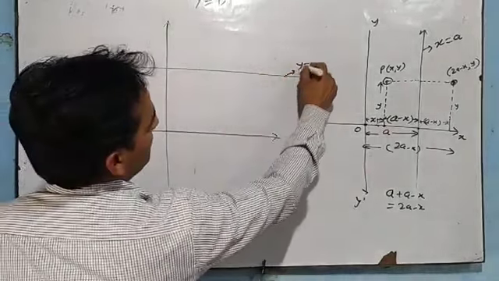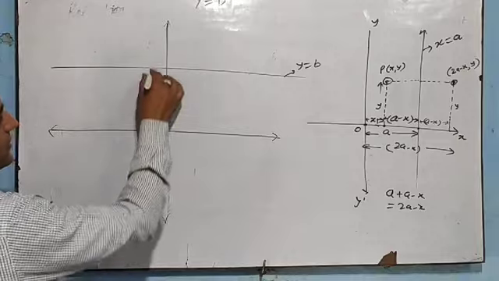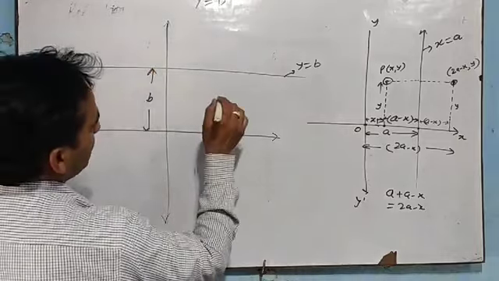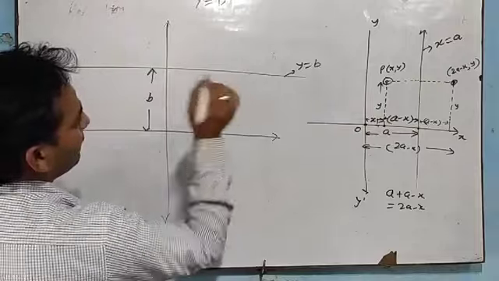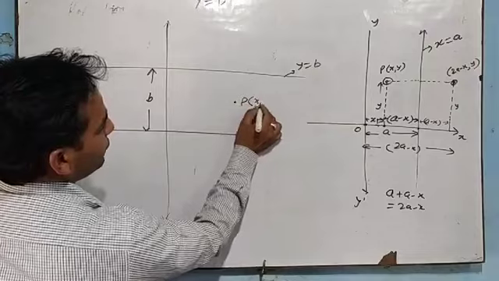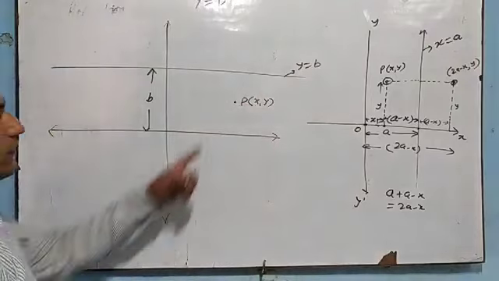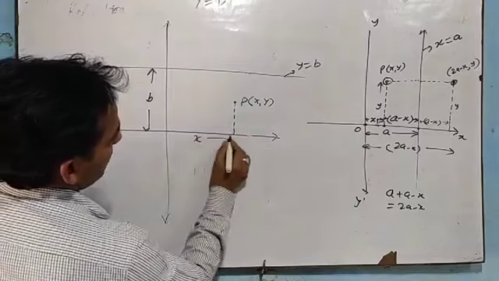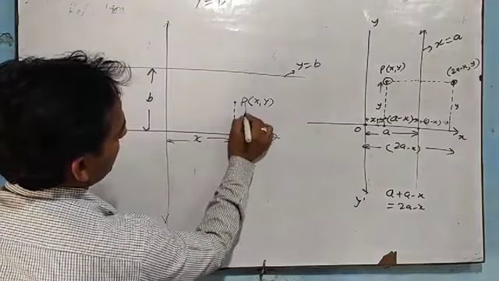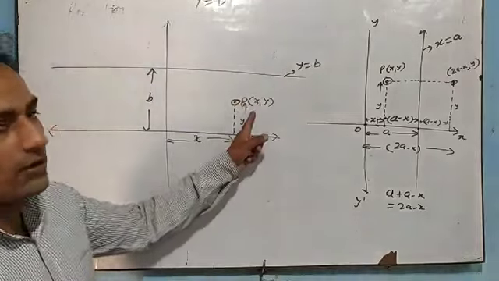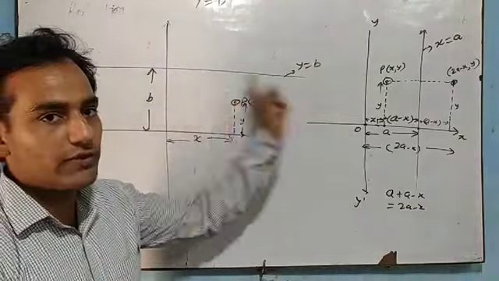This line is y is equal to b. This distance is b. That's why y is equal to b. And we have a point, we can say anywhere here, P, x comma y. If this is P x comma y, this means this distance is x, this distance will be y. Now, the reflection of point P through y is equal to b.